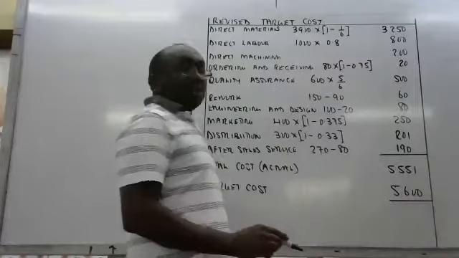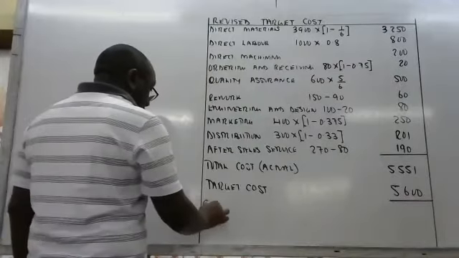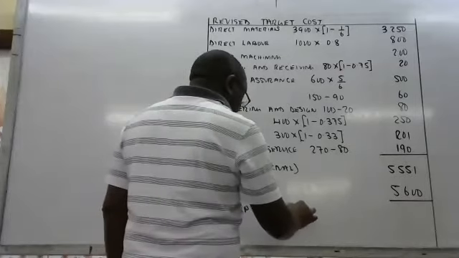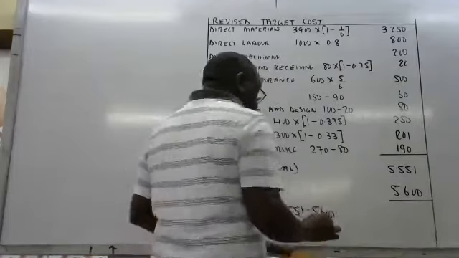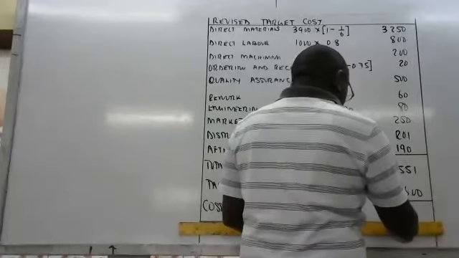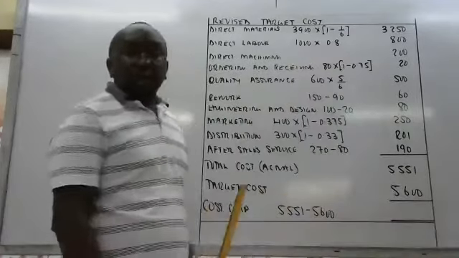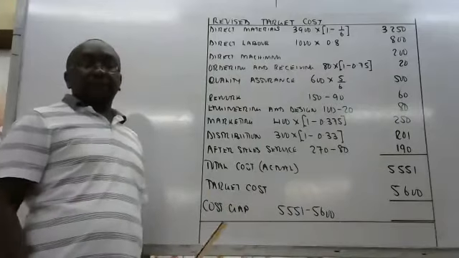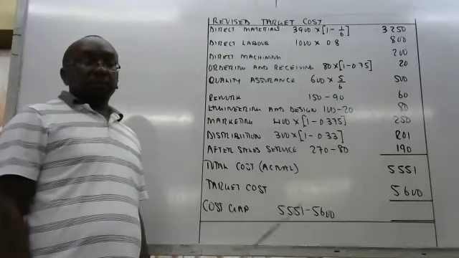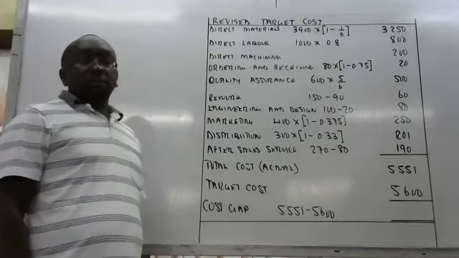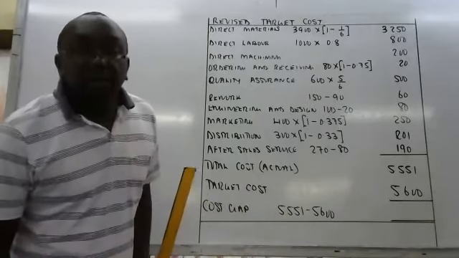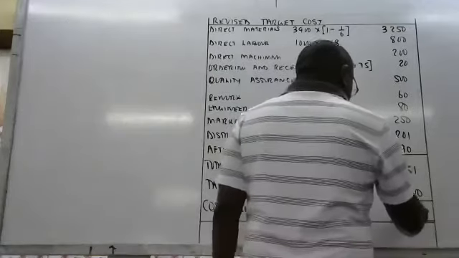So that means that the cost gap will be 5,551 minus 5,600. So that gives us a gap of what? That gives us a gap of 49.